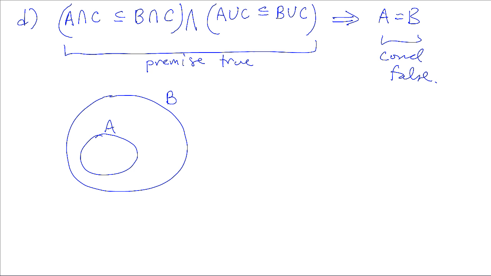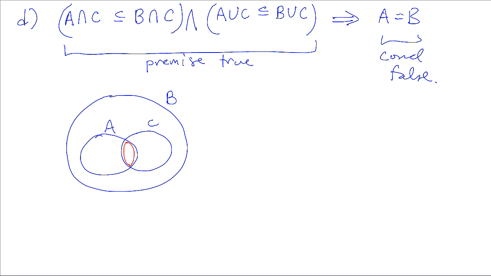And I also want to make A union C a subset of B union C. I think I can just go like this. Yeah. A intersect C is going to be in red. A intersect C, right? And I'll make in green B intersect C. B intersect C, well, C is a subset of B, isn't it?